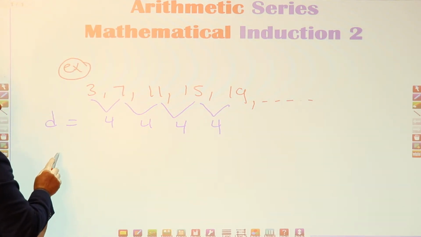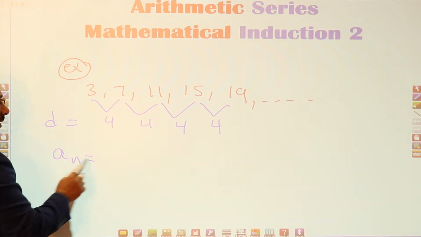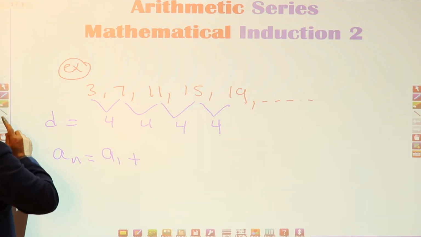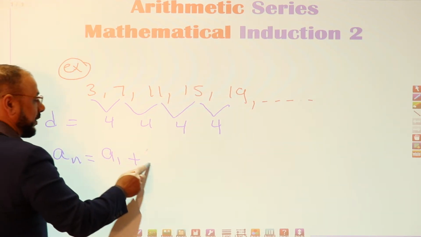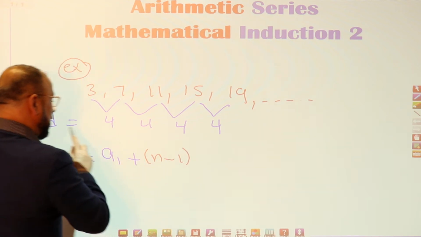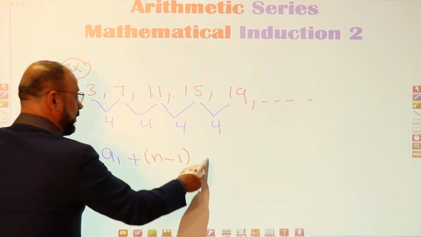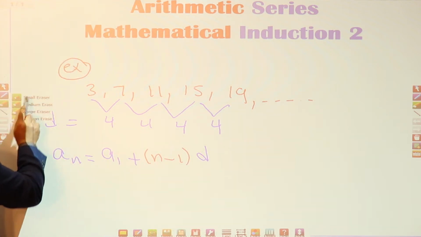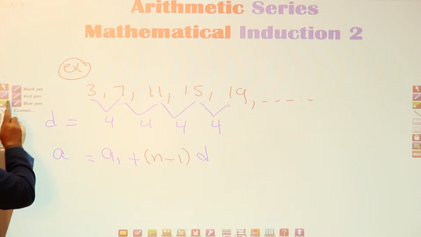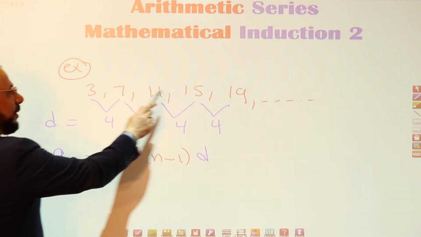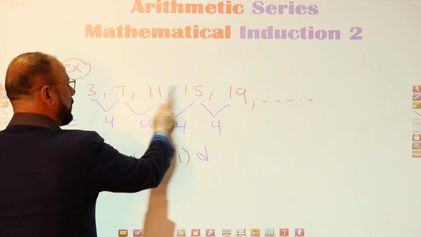Then we said we can find any term of this sequence by using this formula, a1 plus n minus 1 times d. Let me make this an.